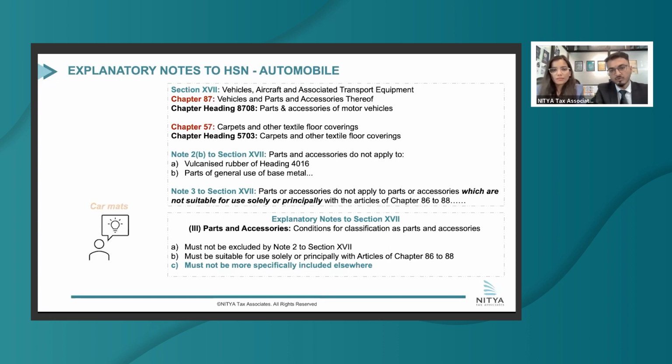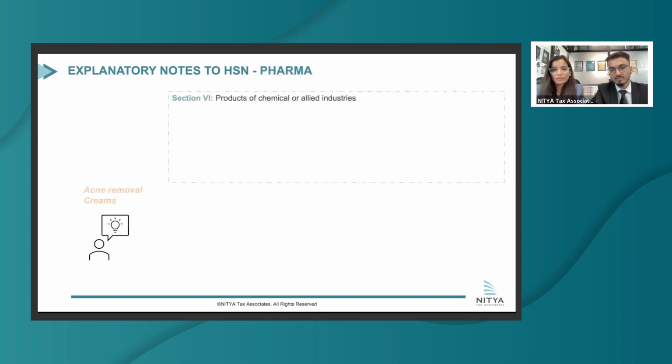Yeah. So moving on to relevance of explanatory notes to HSN in case of pharmaceutical industry. So let's say we need to classify a product that is acne removal creams. The relevant section is Section 6 that describes products of chemical or allied industries, and Chapter 30 that specifically deals with pharmaceutical products, and heading 3004 which provides medicaments.